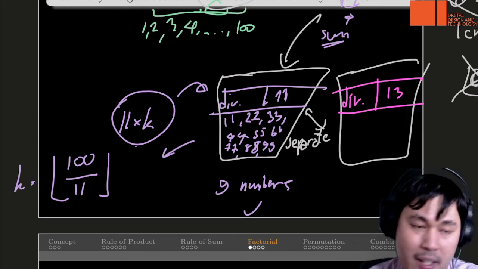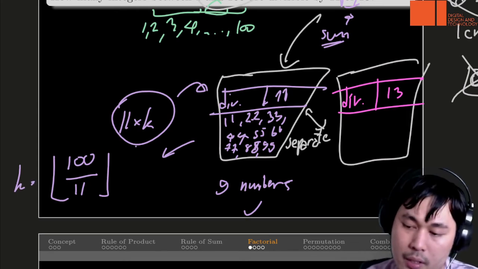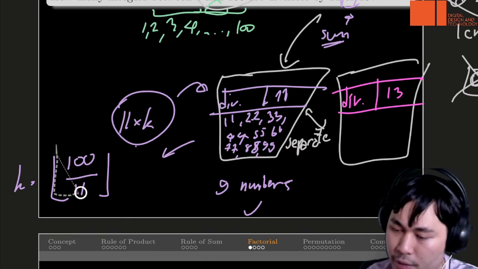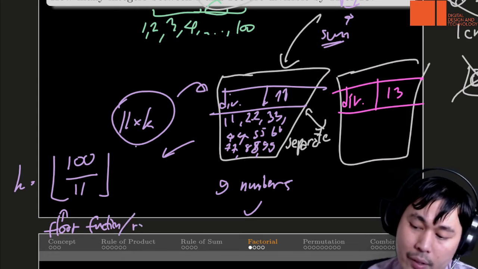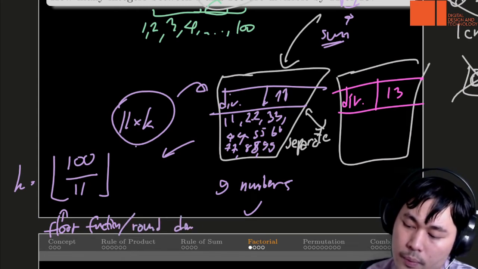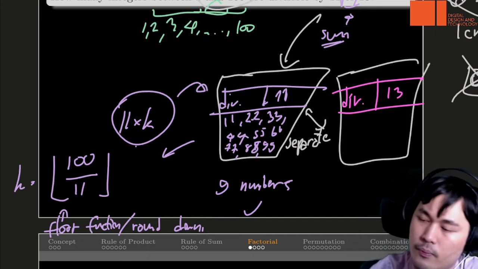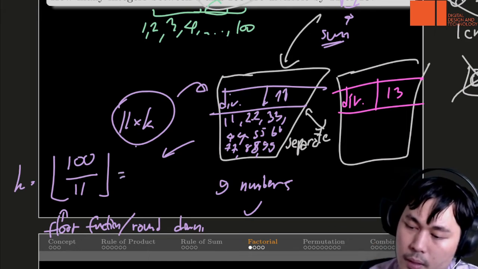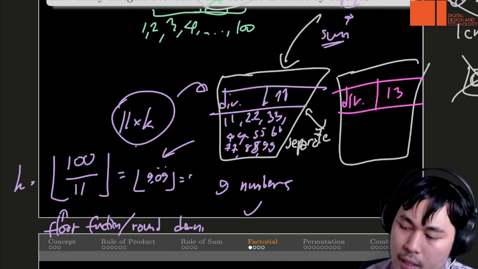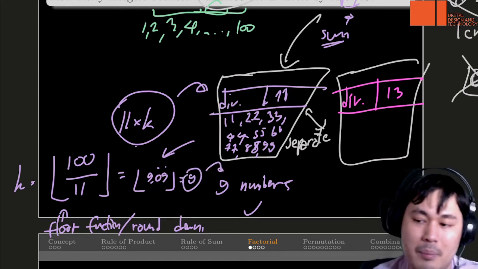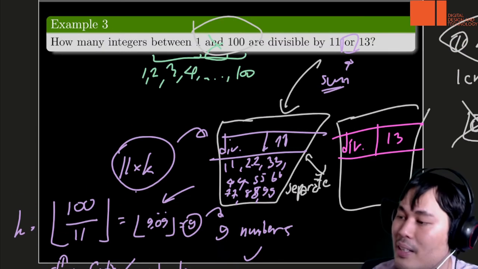The number k that we want is 100 divided by 11 and then rounded down. This is a floor function, which means we round the number down to the next integer. 100 over 11 is 9.09 repeating, and if you round it down, you get 9. So that's how you get the number without counting, if you know some number facts.